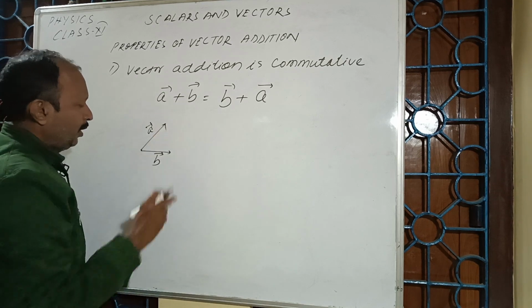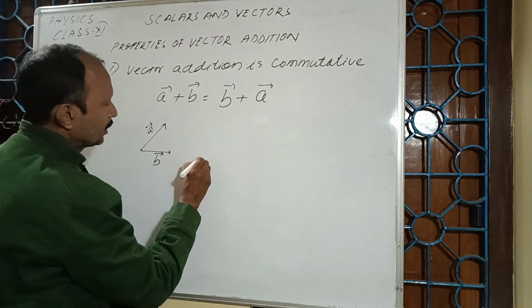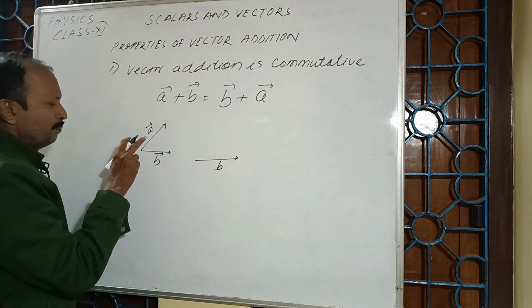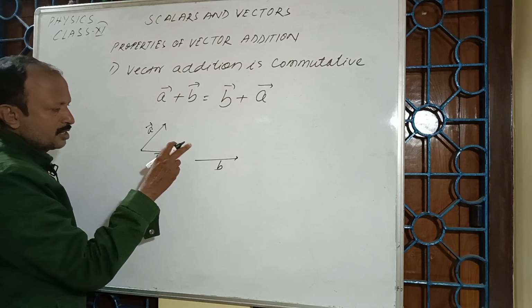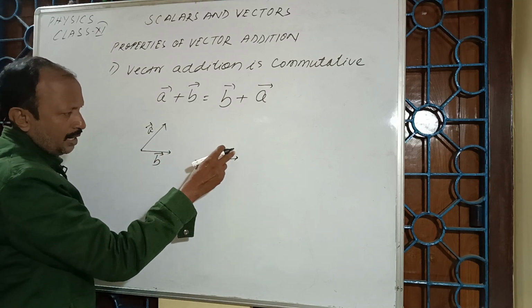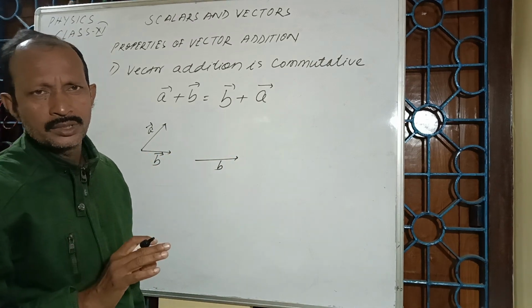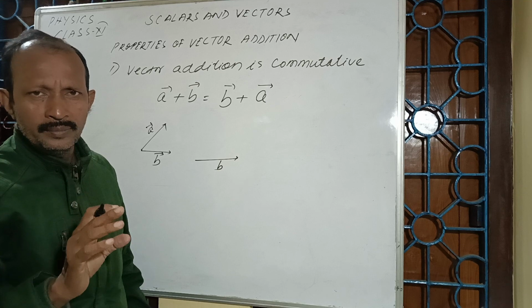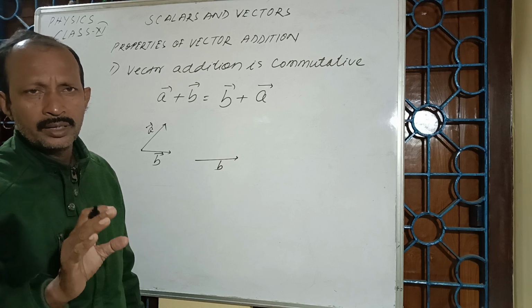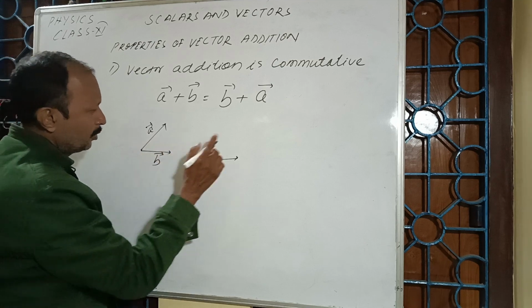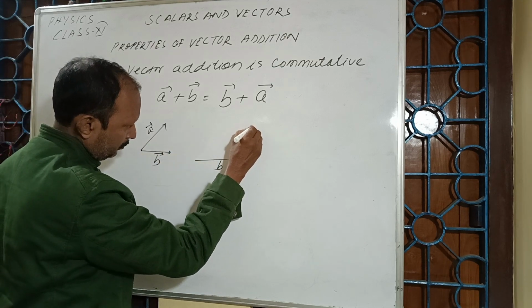At first A plus B. This is vector B. The vector A, I am shifting it parallelly. You know that there will be no change in shifting a vector in parallel. So the vector A, suppose I am taking it here.